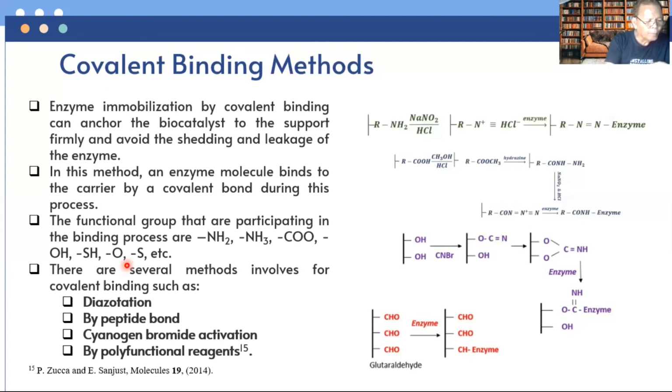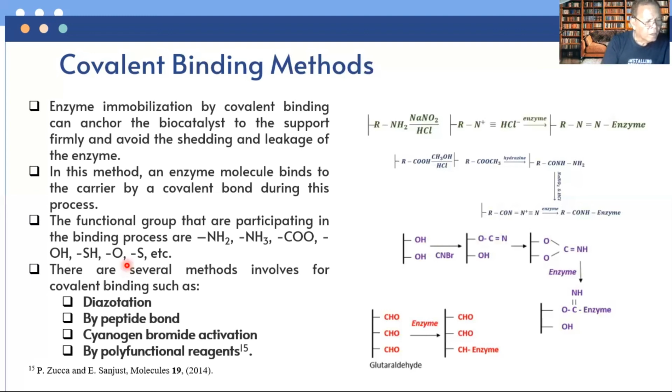Then the peptide bond method involves bonding between the amino or carboxyl group of a matrix and the carboxyl or amino group of an enzyme. During this, a matrix is chemically treated to bind with the active functional group.